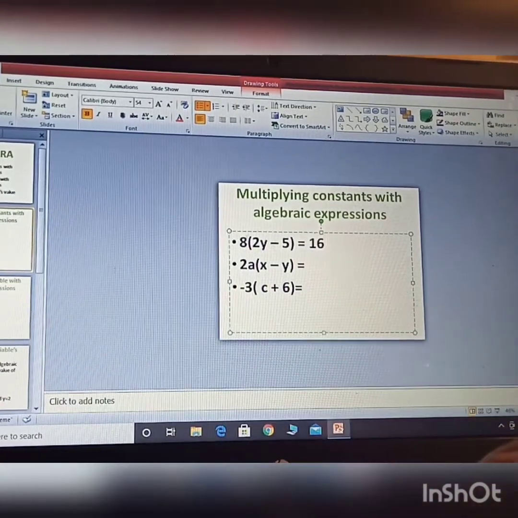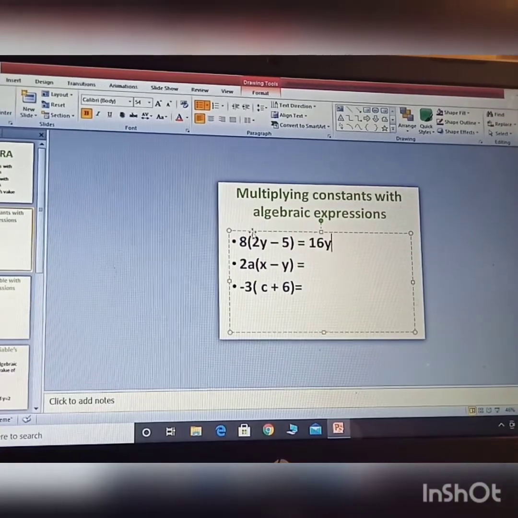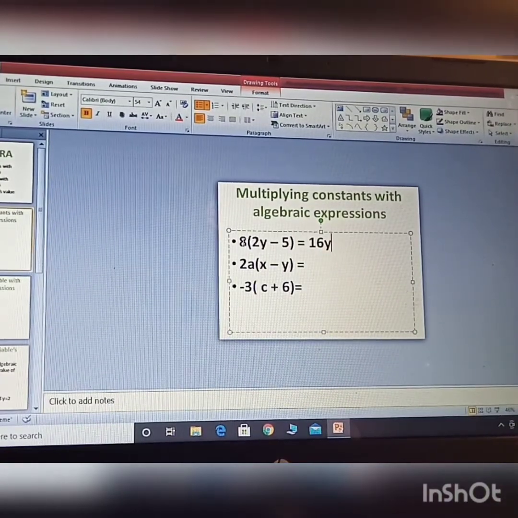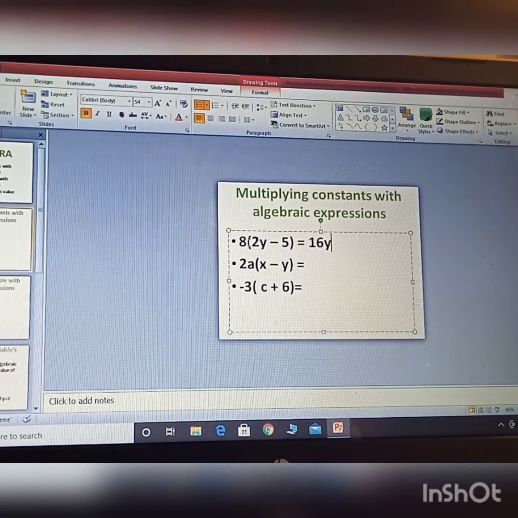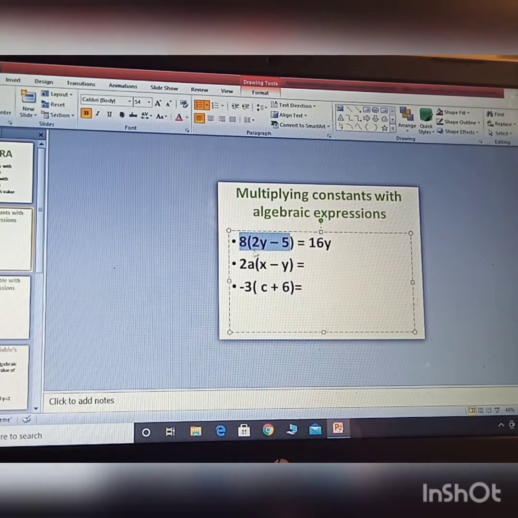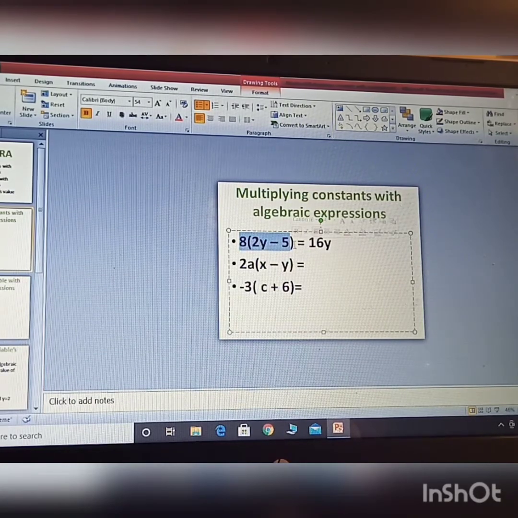So 8 2s are 16, and you will write y along. And then the second thing is, you are to multiply this constant with the second term as well. Whatever is written in the bracket, this was the expression, and 8 is written outside the bracket, you will multiply 8 with the first term first, which we have done, and then you will multiply 8 with the second term as well.